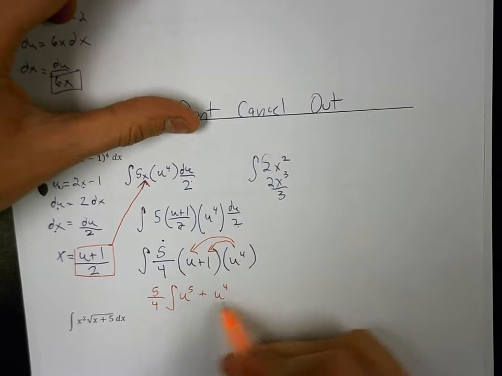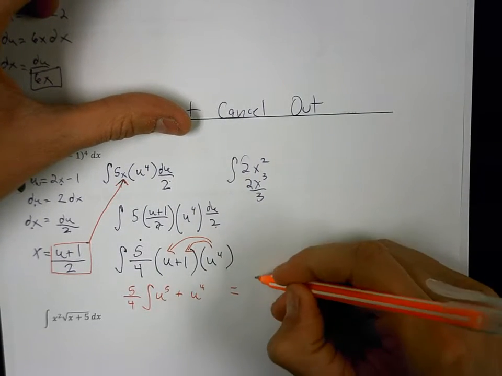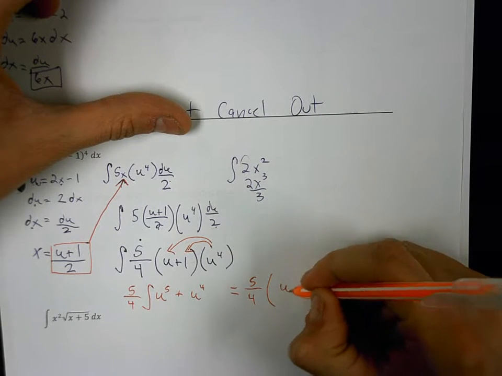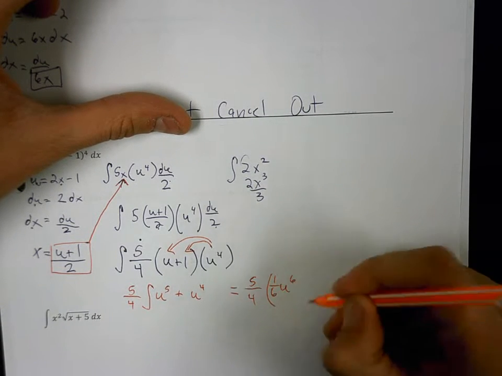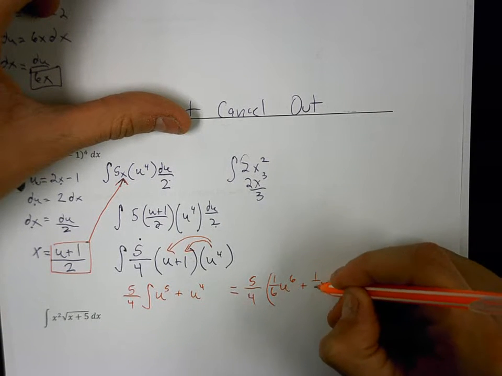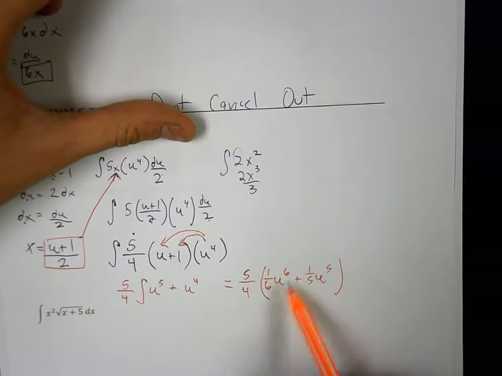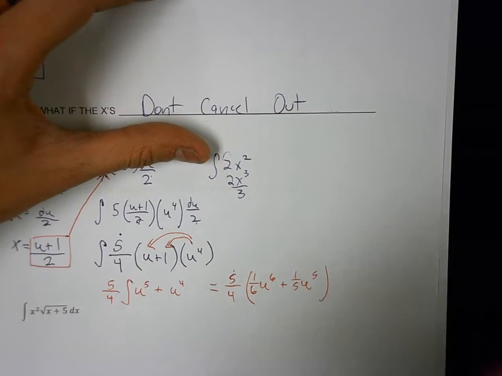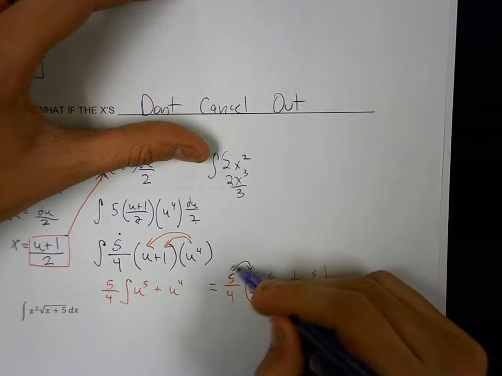Now we're ready to integrate. So when I integrate this, I get 5/4 times raised to the power, divide by the power, plus raised to the power, divide by the power. You with me? Integrated.